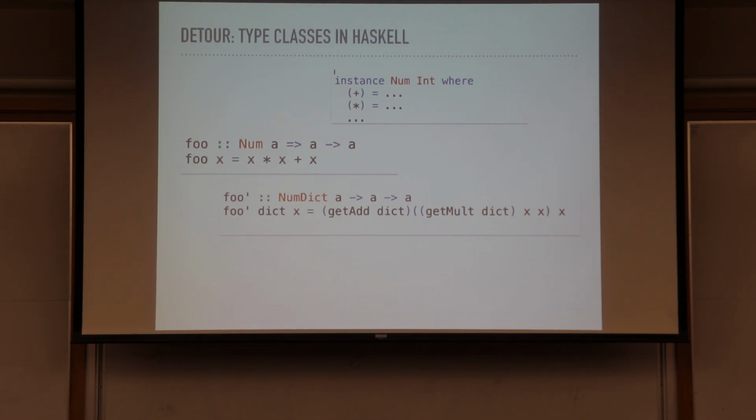And the dictionary is just, in case of Num, a tuple or a struct with the implementation for addition, the implementation for multiplication, all these functions. And then it adds this dictionary as an additional parameter, and then it replaces every function, for example the function multiplication, with a projection into that dictionary.